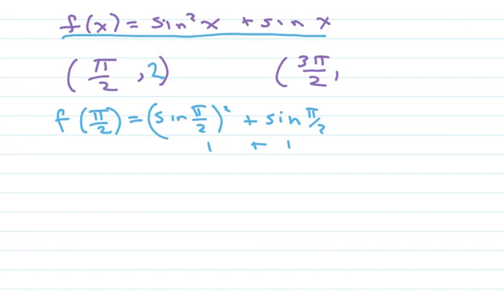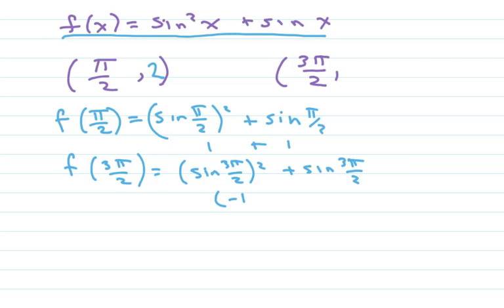Similarly, when I plug in 3 pi over 2, you get sine of 3 pi over 2 squared plus sine of 3 pi over 2. Well, this is negative 1 squared plus negative 1, and that's going to give you 0. So these are your relative maxima.